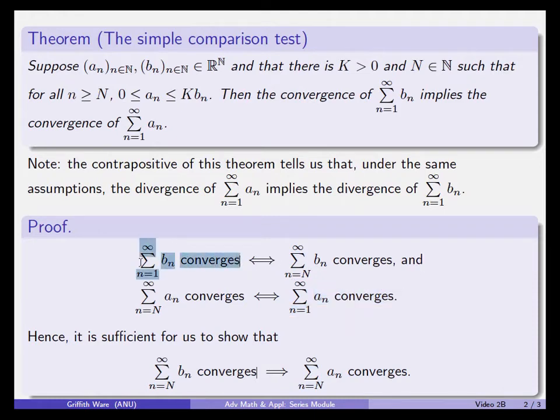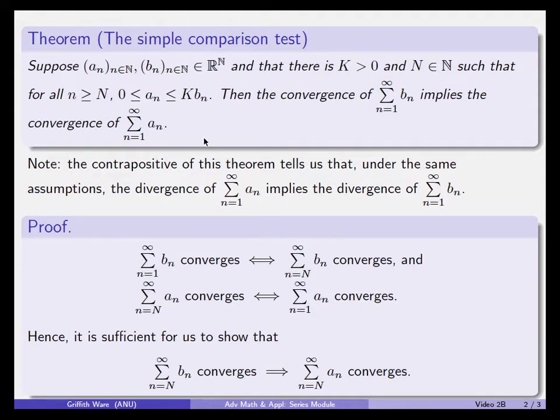Namely, this implies this, assuming that we have shown this implication to be true. So that reduces the proof to just figuring out whether or not this implication holds. And that's why we only really need to know something about the terms in the series beyond the point capital N.